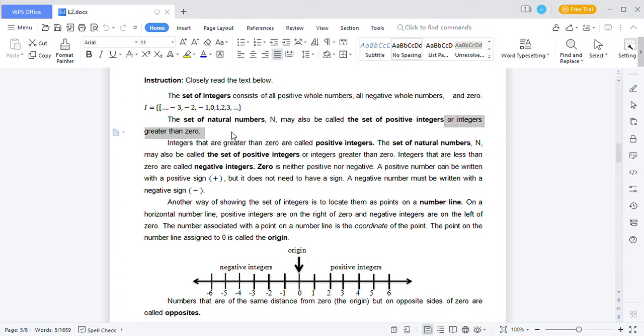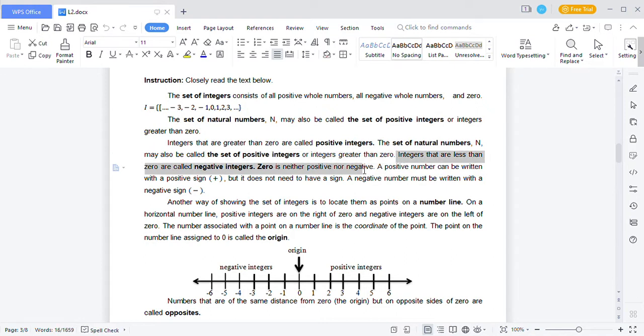Integers that are greater than 0 are called positive integers. And the set of natural numbers N may also be called positive integers or integers greater than 0.